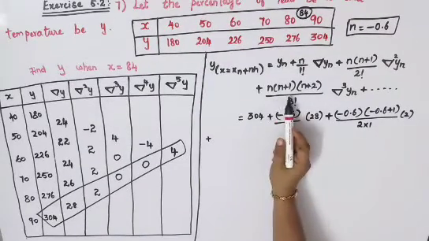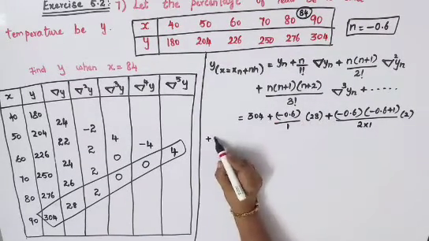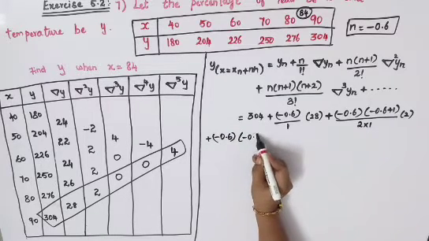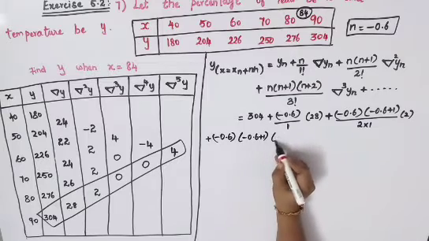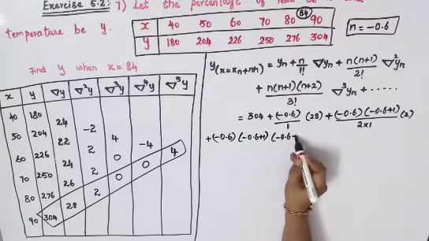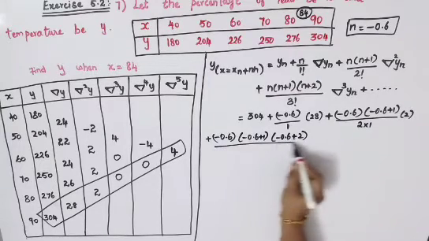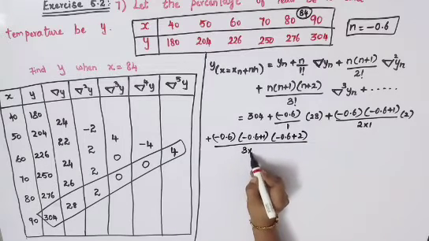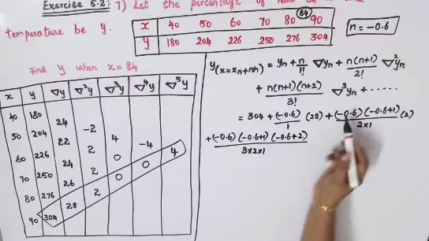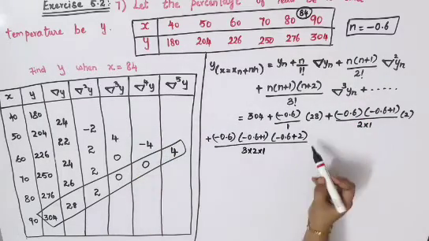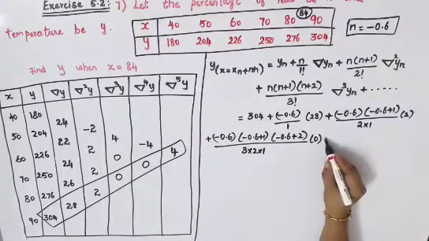Plus n into n plus 1 into n plus 2. So n is minus 0.6, minus 0.6 plus 1, minus 0.6 plus 2, divided by 3 factorial, which is 3 into 2 into 1, into Δ³yn. So in Δ³y, you'll have to see the last value, 0.